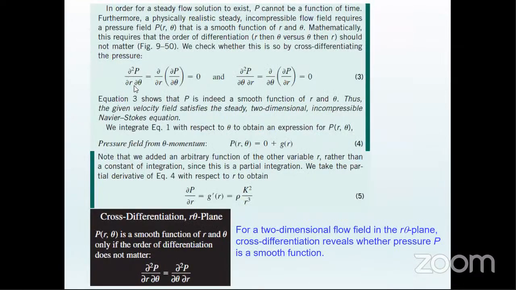You will get the same thing from either del square p by del r del theta or del square p by del theta del r. This being a smooth surface, what this equation shows is that p is indeed a smooth function of r and theta. The given velocity field satisfies the steady, two-dimensional, incompressible Navier-Stokes equation.